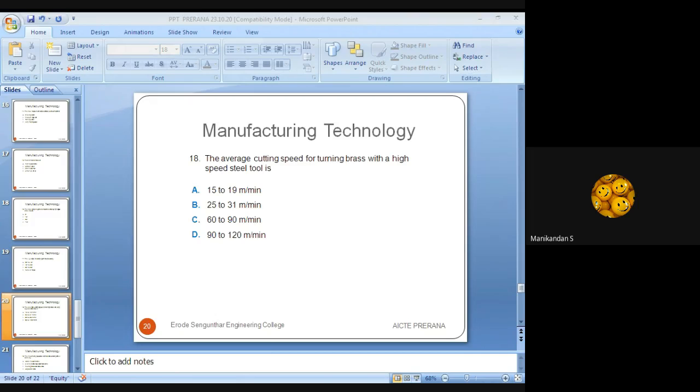Bronze and brass is 60 to 90. For mild steel 20 to 45, for copper 18 to 30, and stainless steel 12 to 18. Okay, for brass it is 60 to 90. Aluminum, bronze, and brass are all materials having a cutting speed of 60 to 90.